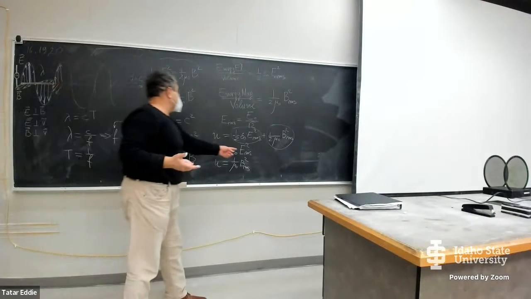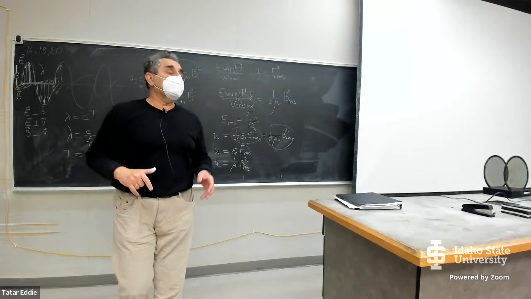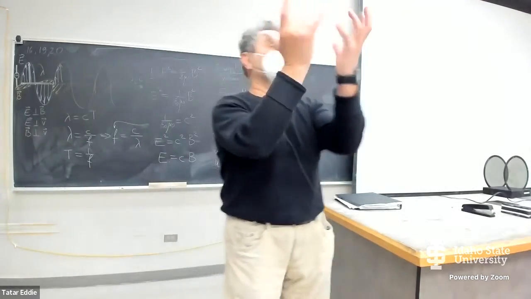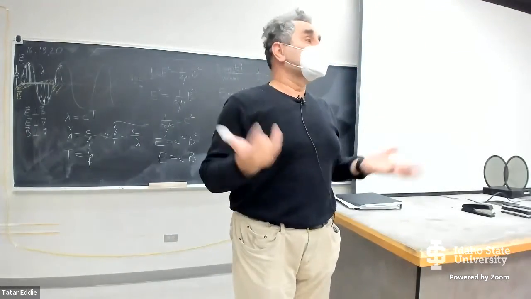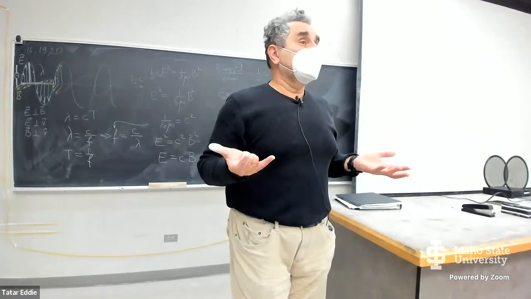And if you know that, just square it, multiply by epsilon naught, and you're going to get some small number for the number of joules contained in a certain volume filled with electromagnetic waves, like our room is.